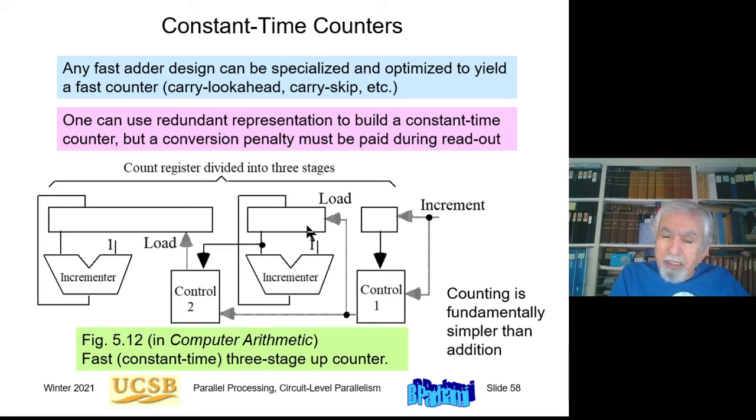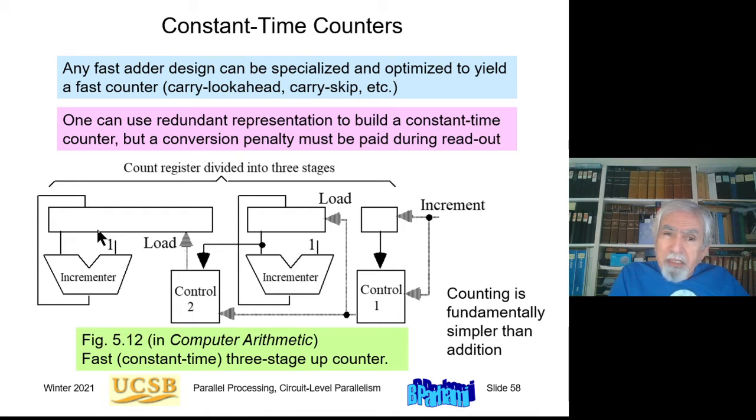Again, we detect that situation when incrementing this one leads to the need for incrementing this one. Again, this one, which is a very long word, is already incremented, and the incremented value is available here, and we just load it in.